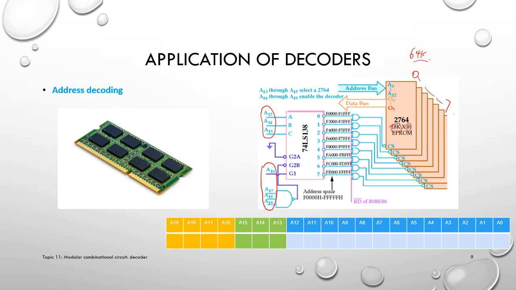These 3 bits will tell you which chip to use, 0 to 7. Depending on the value here, we can select the one we want. And A12 to 0 is used to find the location in the selected memory chip. That's how it works.